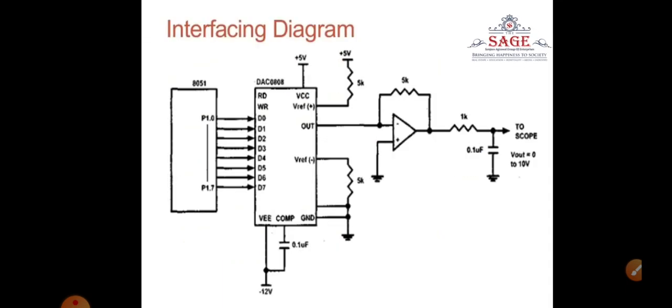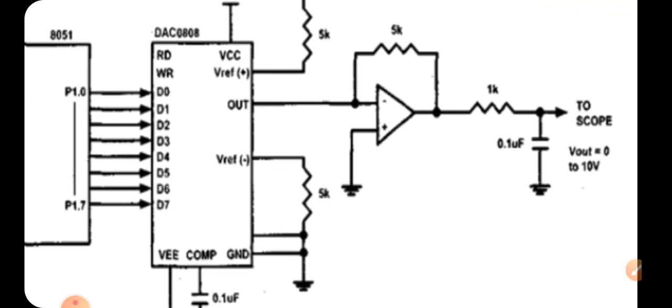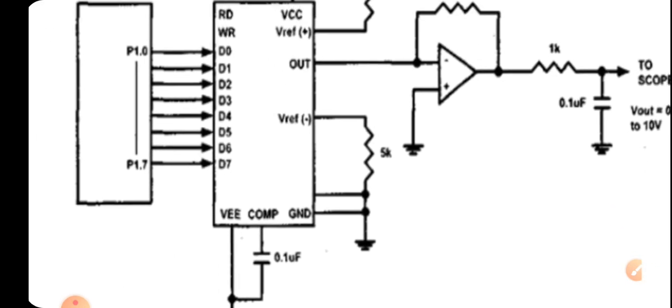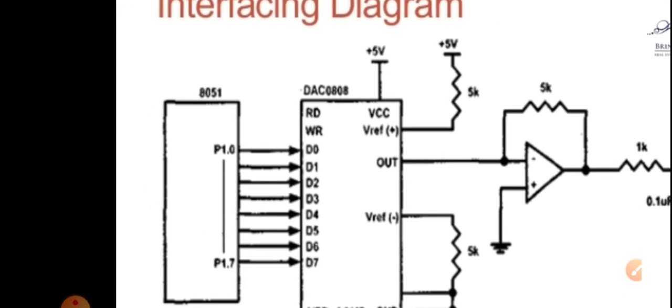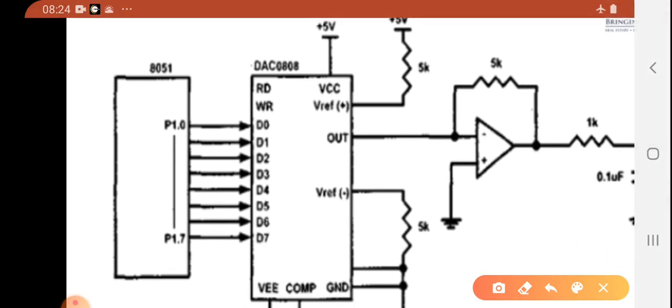Now this is the interfacing diagram. Here this is the 8051 microcontroller, which is interfaced with the DAC here. So DAC is connected with the 8051 microcontroller through port 1.